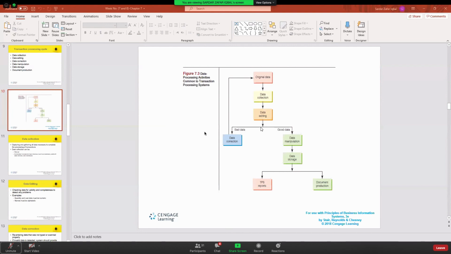Once data is clean, you need to apply the fixes. Re-entering data that was not typed or scanned, some missing data, some missing values, wrongly entered data, incorrect data. So you need to correct that. Once the data is correct, then you can play with the data. You can calculate, you can analyze. For example, how many products do we need next week?